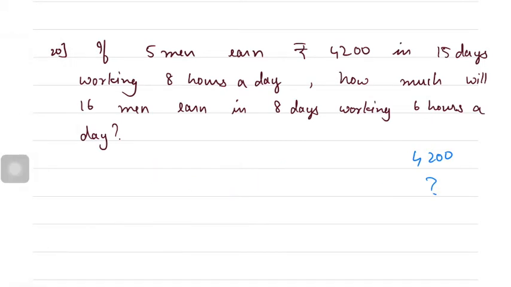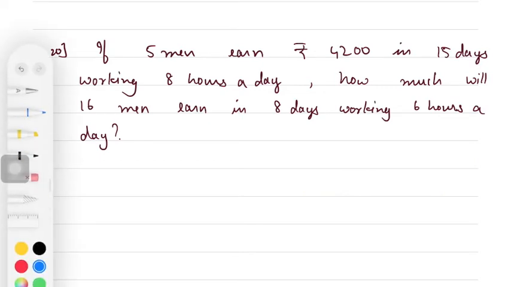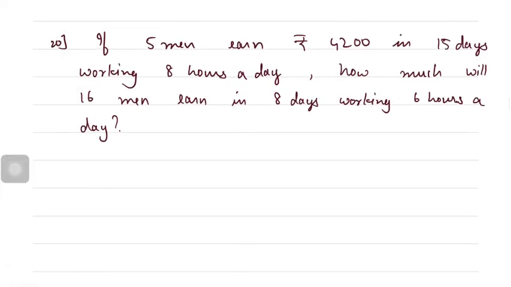This is the question. This is also a question of direct proportion, right? More number of hours, more you earn. More number of men, more you earn. More number of days, more you earn, right?